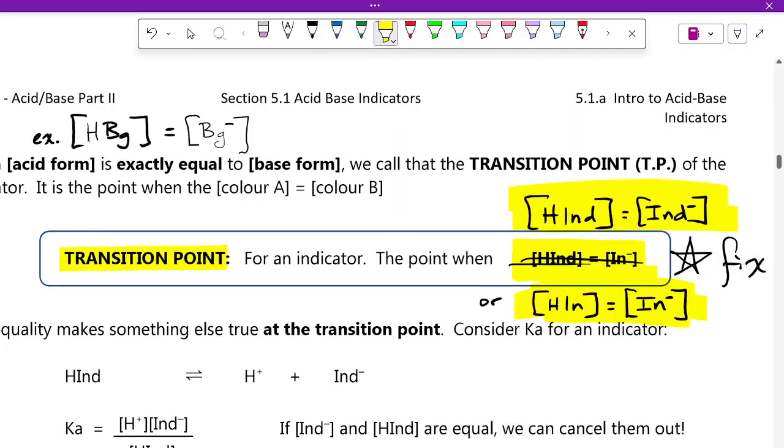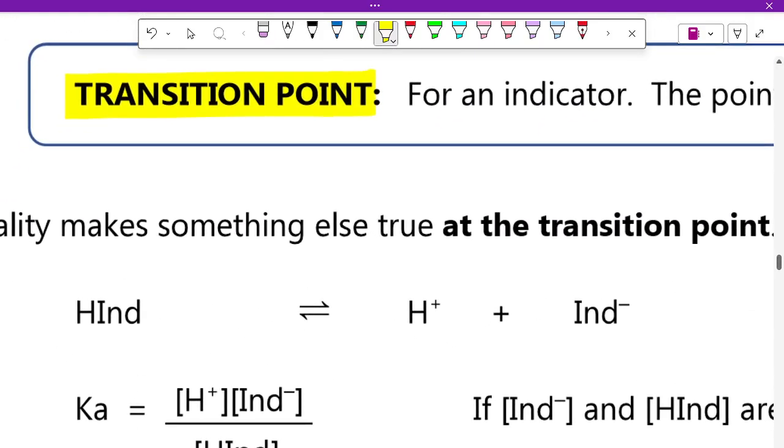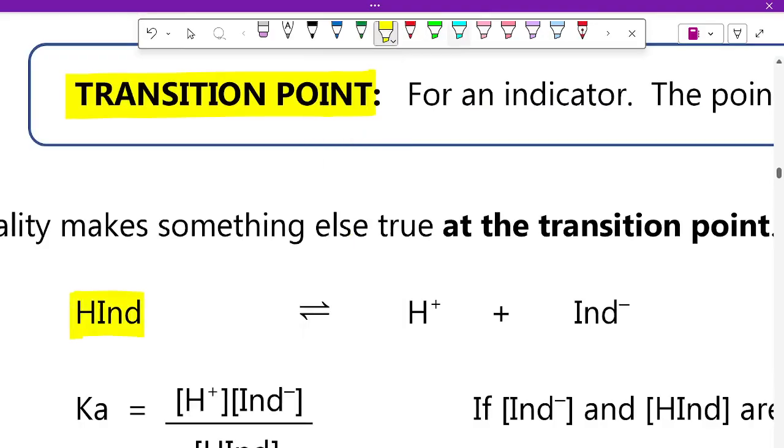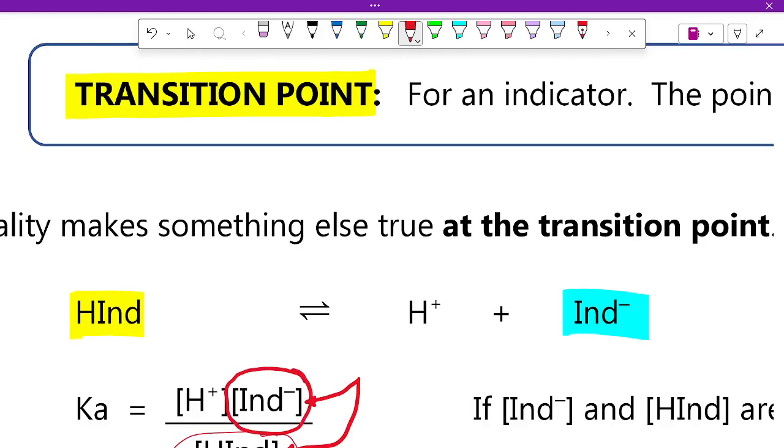Now this makes something special happen at the transition point. So if we were to write our acid-base equilibrium that has our acid form and our base form, at the transition point, the TP, they're equal.